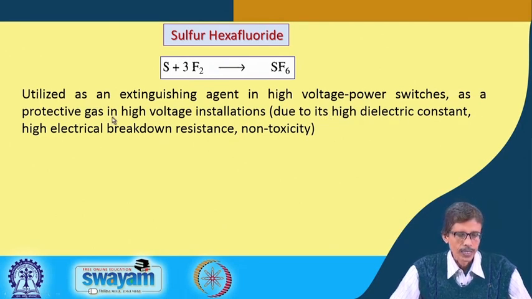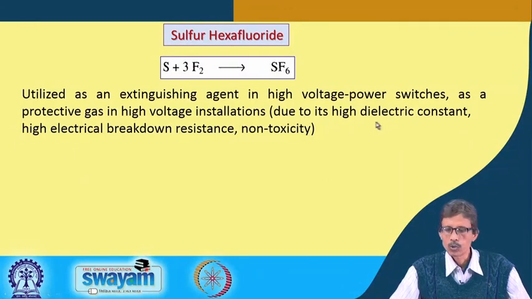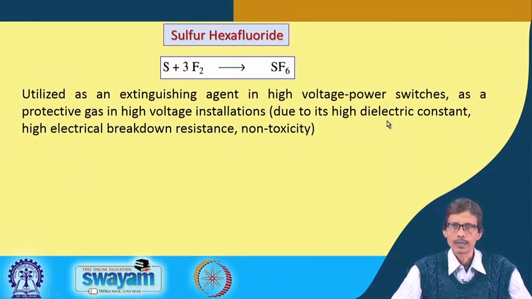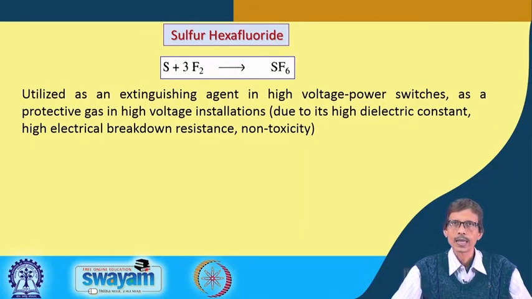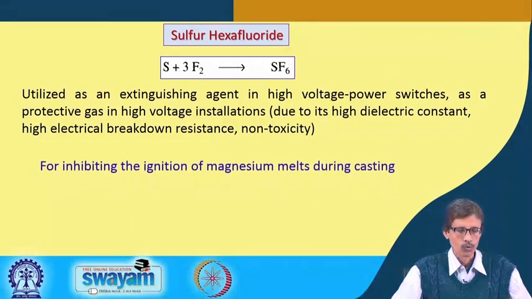It is also a protective gas in high voltage installations in transformers due to its high dielectric constant. Based on its typical physical property, having a high dielectric constant value, it can be used, and its high electrical breakdown resistance is also very high, and it is non-toxic and not environmentally so dangerous like other materials which we consider environmentally not useful.